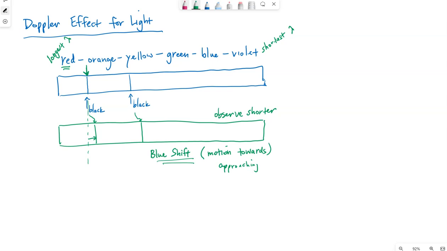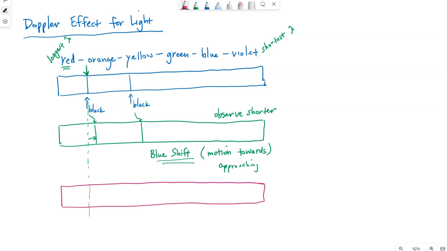Similarly, if there's motion away, to represent our rainbow again, that original dotted line would be over to the left. It'd be closer to the red end, meaning we are observing a longer wavelength. We call this a red shift.